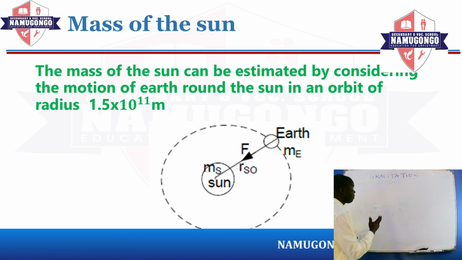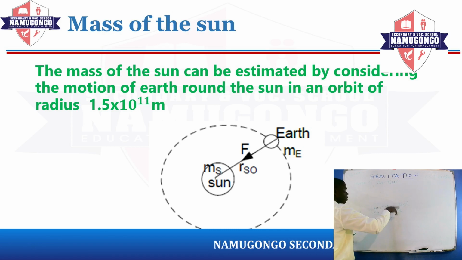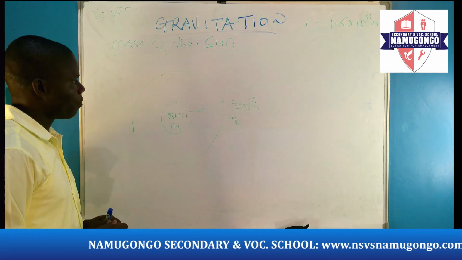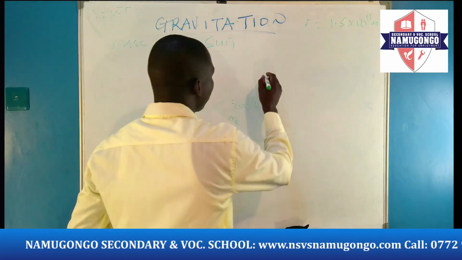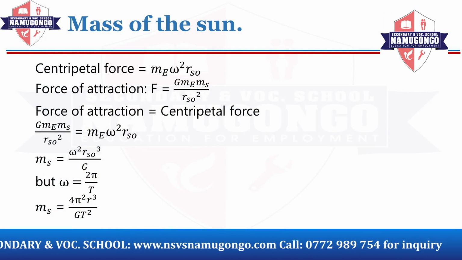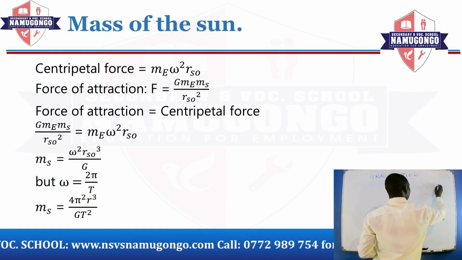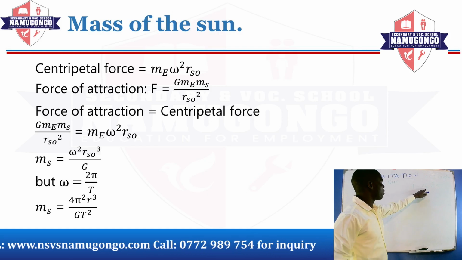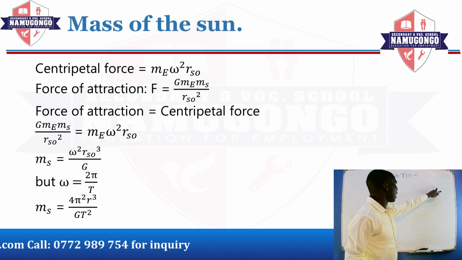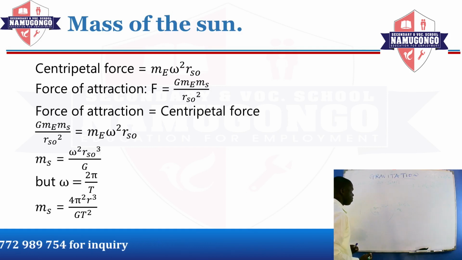Then we shall also have the force which keeps the earth moving around the sun, and that force is called the centripetal force. So we shall have centripetal force given by F equals to M_E omega squared R. This M_E is the mass of the earth, omega is the angular velocity, and R is the radius of orbit of the earth round the sun.